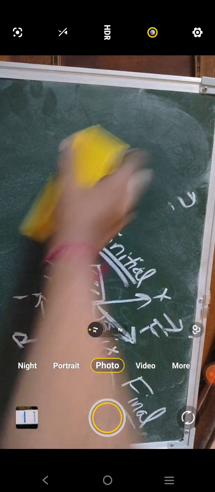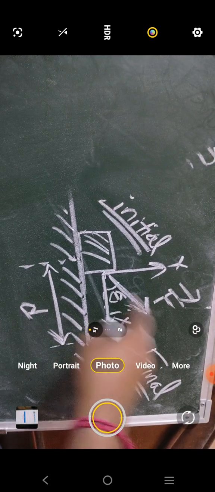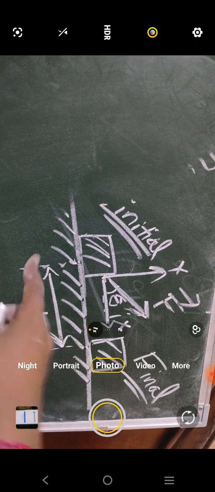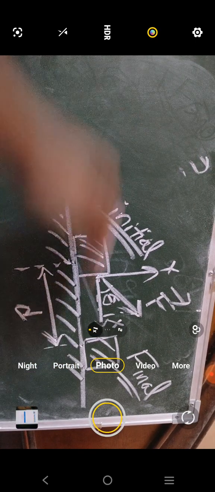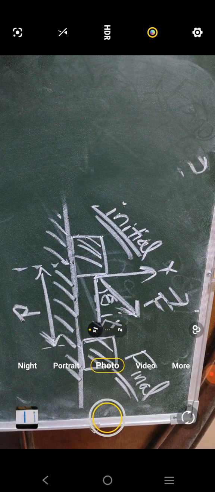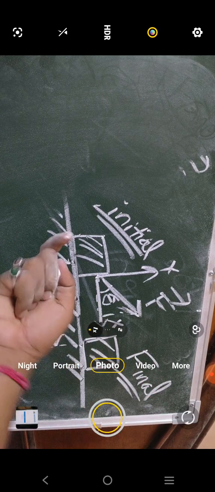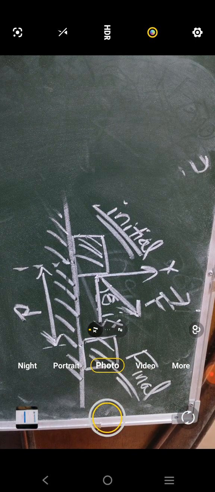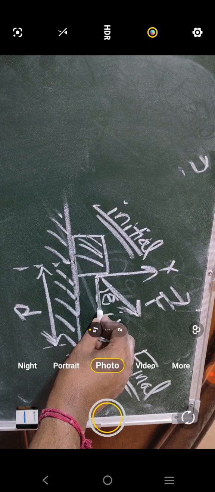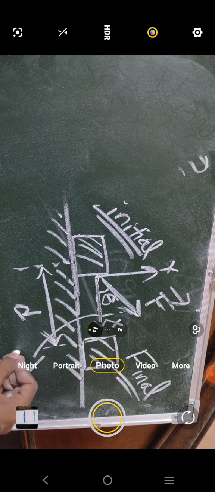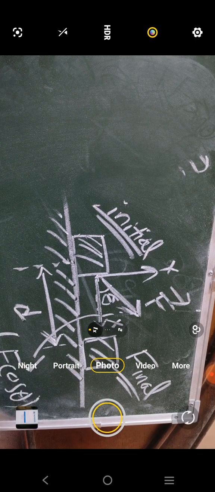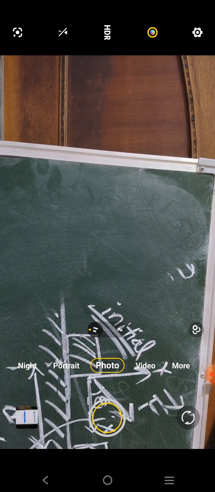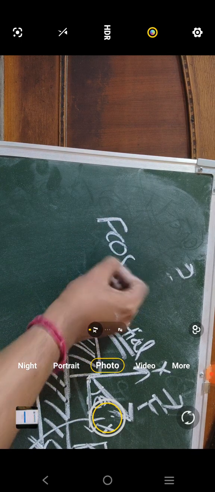The displacement is in this direction, along x, so the component along it is F cos theta.